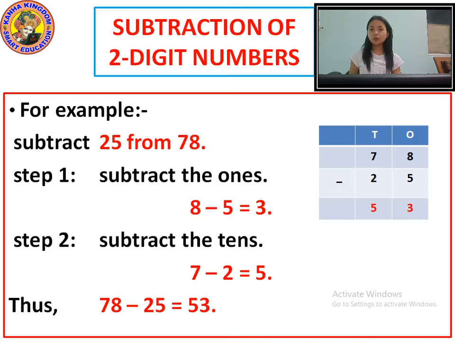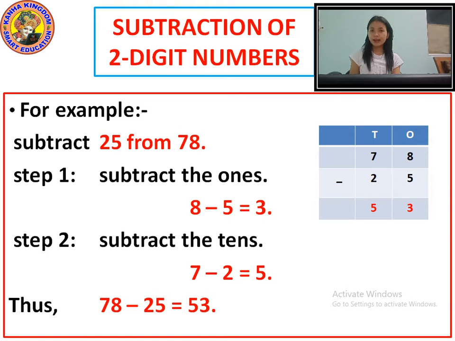Okay, now we are going to learn about subtraction of two-digit number. We'll see some examples. First we will subtract 25 from 78.